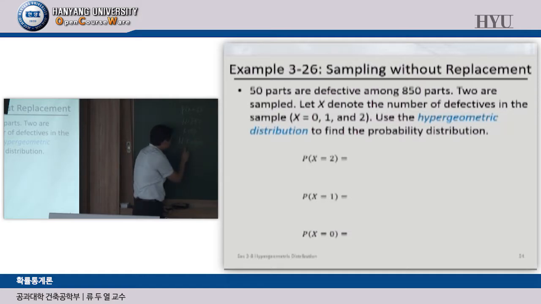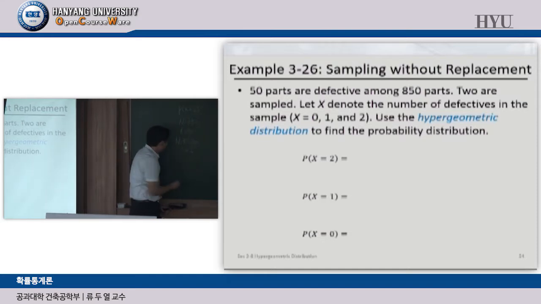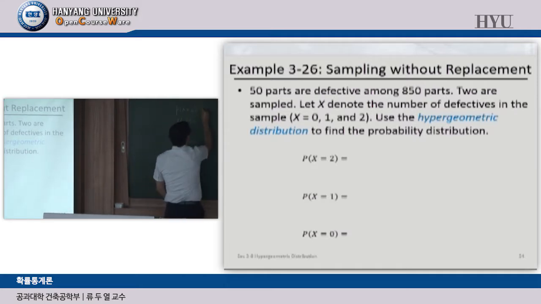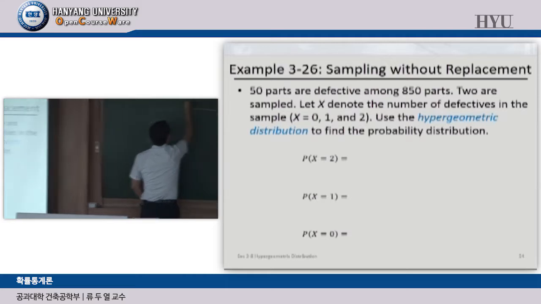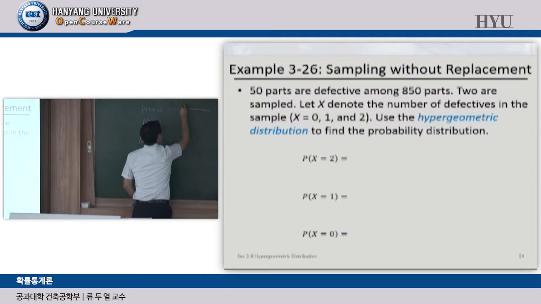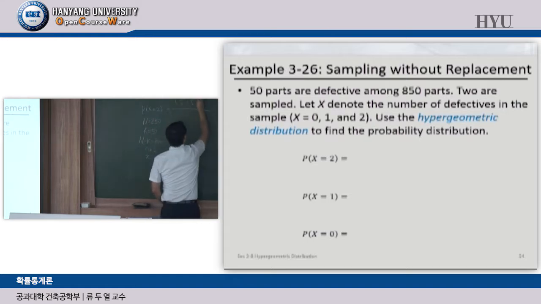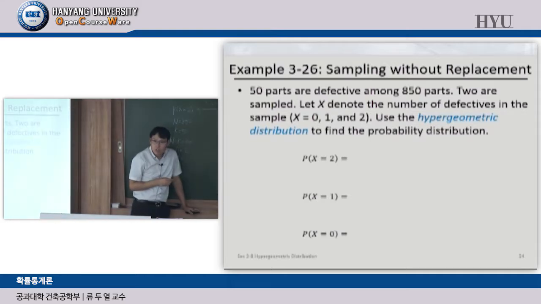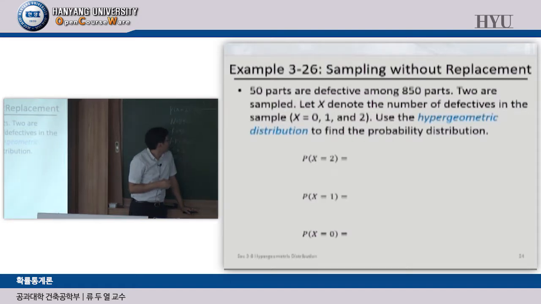Small n is 2, and small x is 2. So this can be 50 choose 2 times 800 choose 0, divided by 850 choose 2. We have to calculate all these 3 cases.